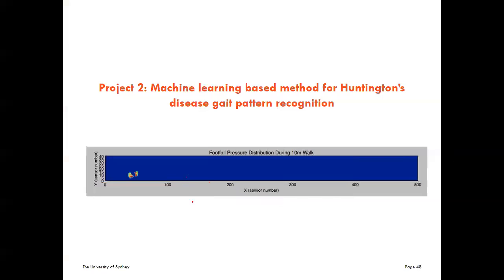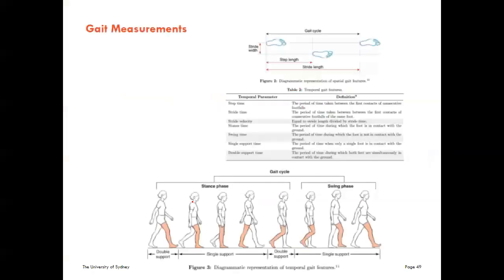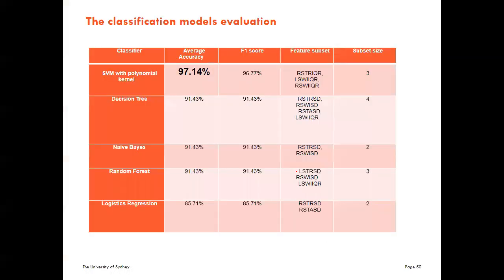I had a video of a person with Huntington's disease, another neurodegenerative disease, just walking on a pad, and we captured how the person is walking. Again, the same thing we did here: we captured the person's walk and generated a range of features, such as the distance between the legs and how the person is walking.